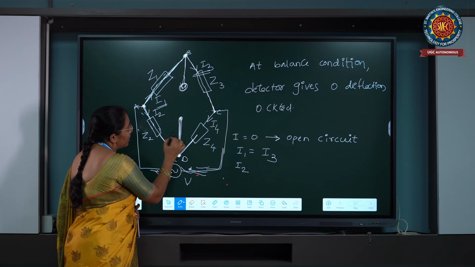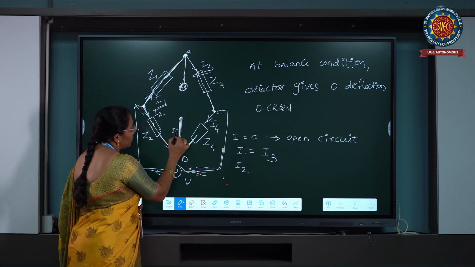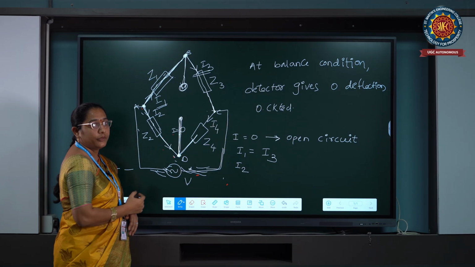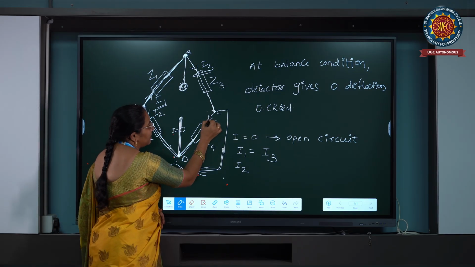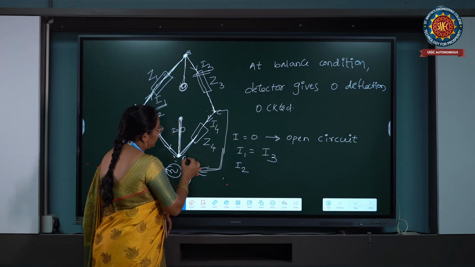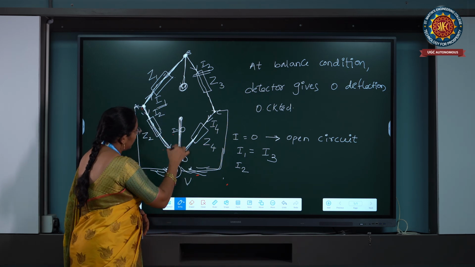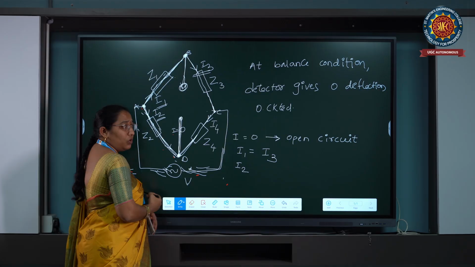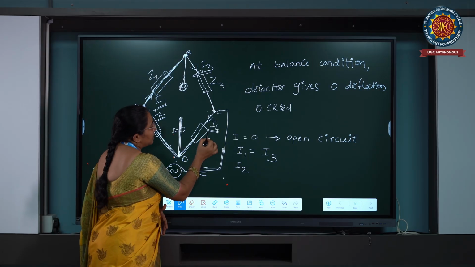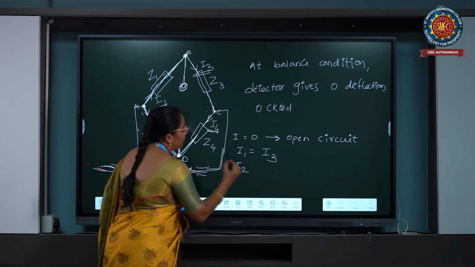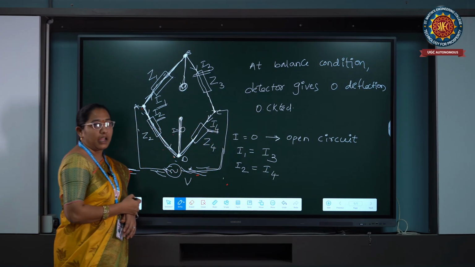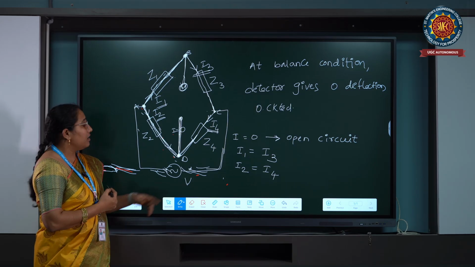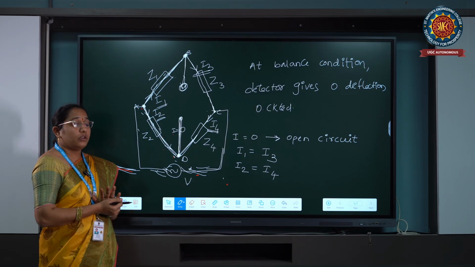So there is no current in this branch. I is equals to 0. Then this total amount of current flows through the fourth branch. Here current is denoted as I2, and in this branch current is denoted as I4. That is I2 is equals to I4. Clear?